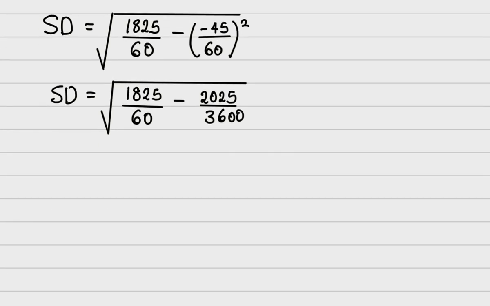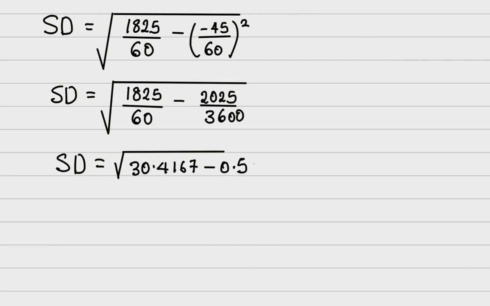Now, going further, using my calculator, SD will be equals to 30.4167 approximately to 4 decimal places minus I have 0.5625.